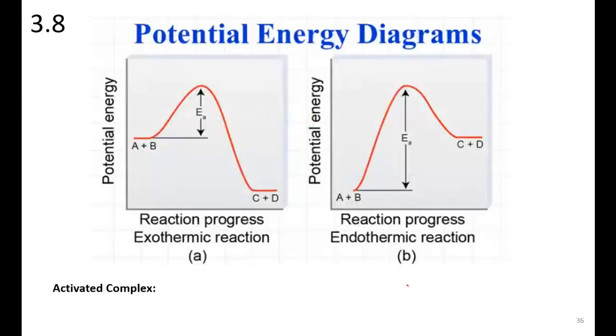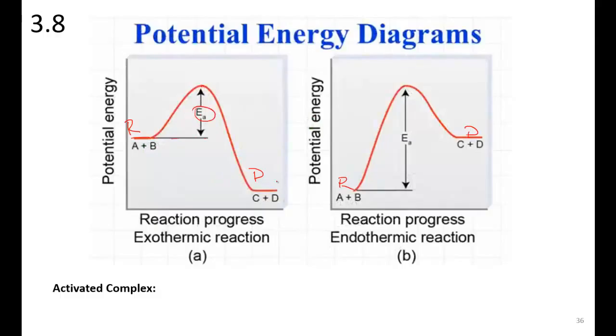All right, potential energy diagrams are really important. You get a lot of these, and you got to be able to read them. Okay, so when I start over here, this is always my reactants. This is my product. So if I look at the forward reaction, the distance from where that starts to the peak is my activation energy, energy of activation.